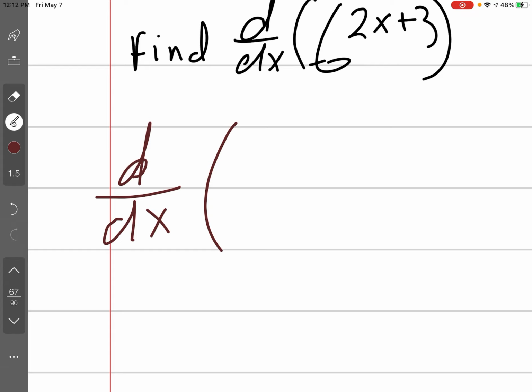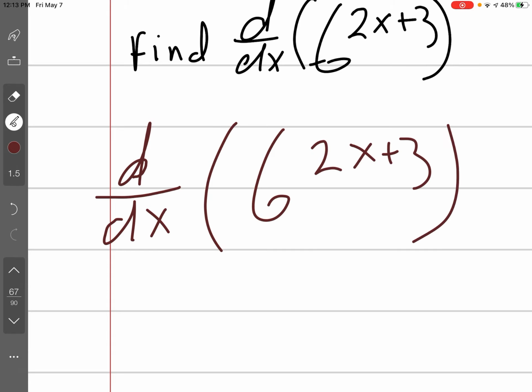First thing I can do, I will use u, like other formulas, but it's not the real u. It's just to help you solve the question and get your answer. The derivative of 6 to the 2x plus 3.